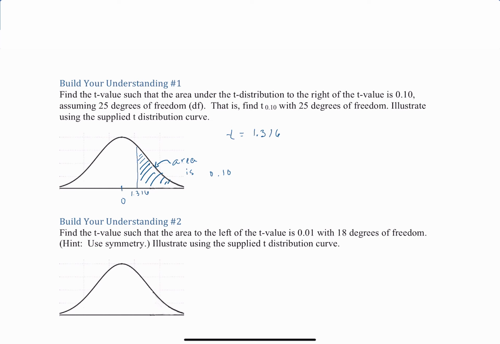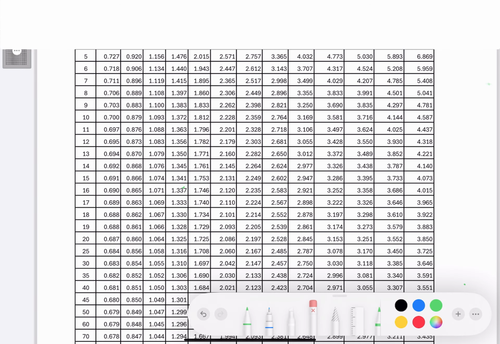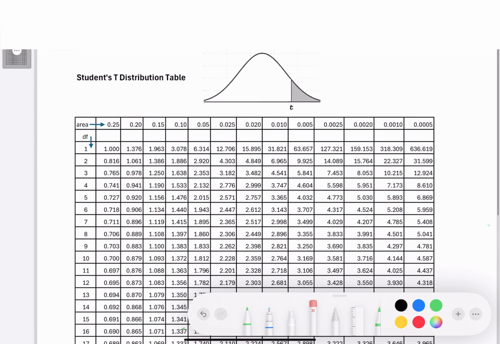Let's look at Build Your Understanding number 2. For this one, we're asked to find the t-value such that the area to the left of the t-value is 0.01. So we're going to look at the 0.01 column.